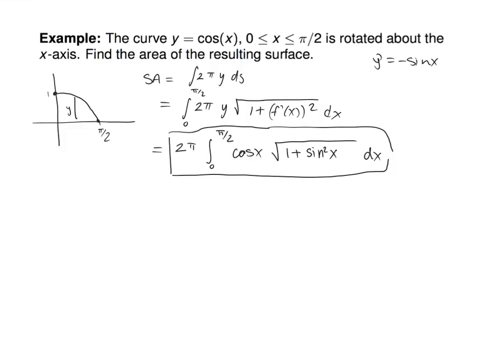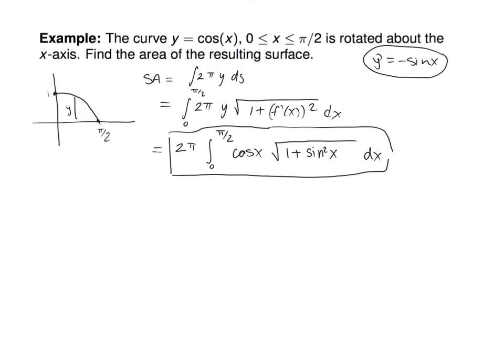Because you started with cosine and you square it, the negative goes away. That's why I changed it to set up, don't solve, because to do that you might have to do a trig sub or something crazy like that.